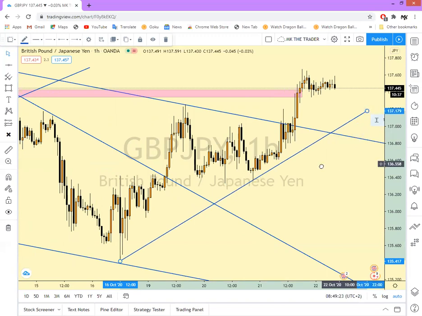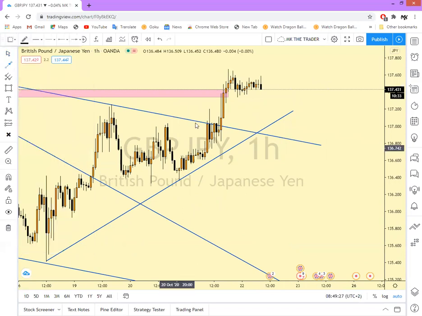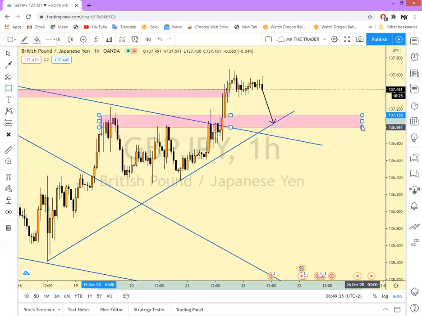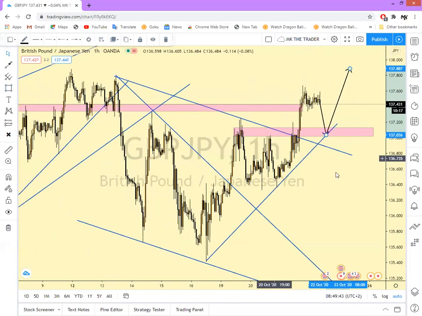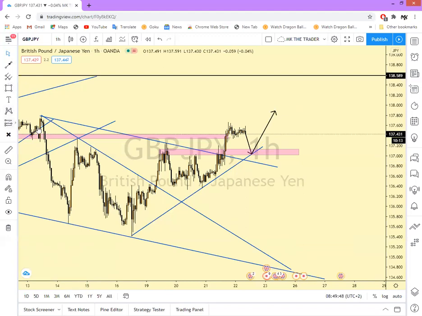So what is it that I'm waiting for? I'm waiting for GBPJPY to come back to this level here, and then after that, that's where I'm going to take my entry, and then continue to the upside.